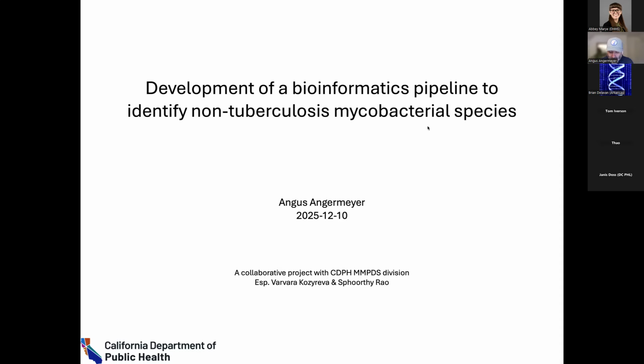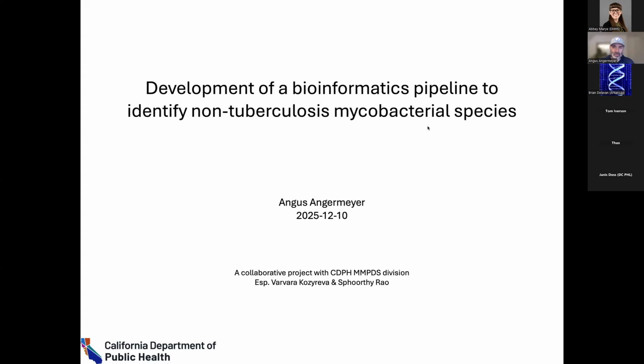And that can be some pretty small projects at times and bigger ones like this one, which I'm going to talk about today. In this project, I was approached by Vivara Kotureva and Swarthi Rao, who are in the tuberculosis group. One of the problems that they face is that a lot of infections look like tuberculosis or seem like they're related, either by sequencing or some of the older amplicon-based methods, but aren't really panning out as tuberculosis.